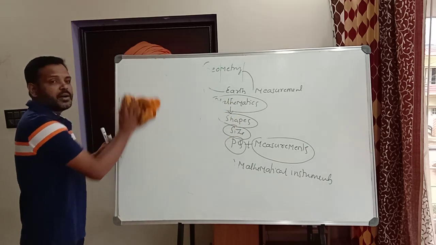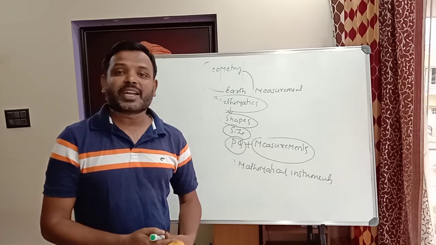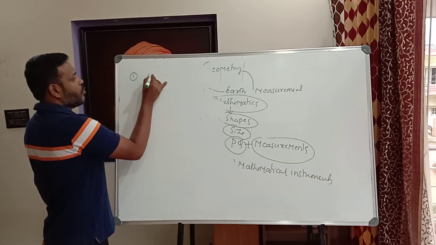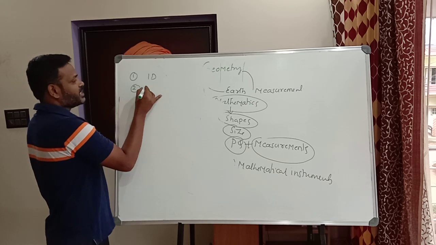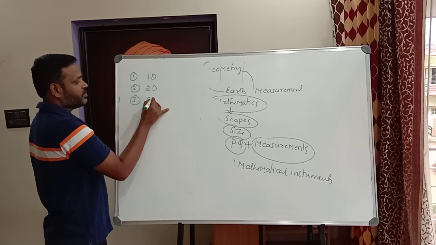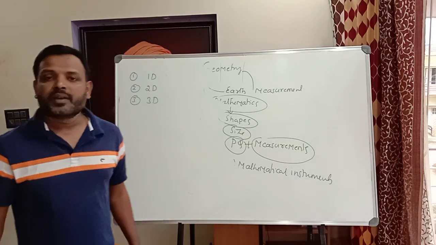Before we understand that, this is very important. In our system we have three types of systems. The first system is called one dimensional, the second is called two dimensional, and the third is called three dimensional.